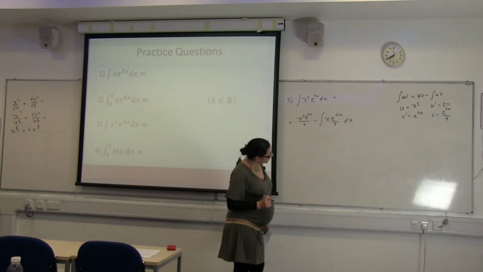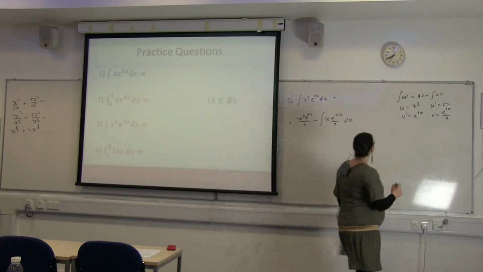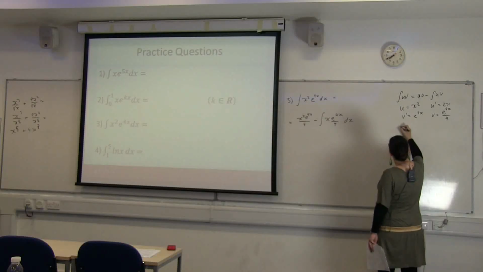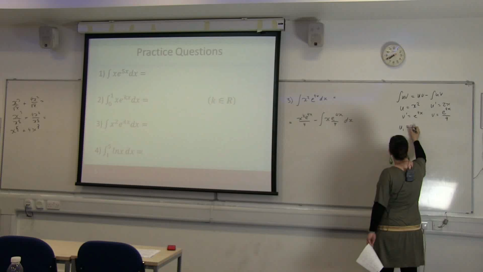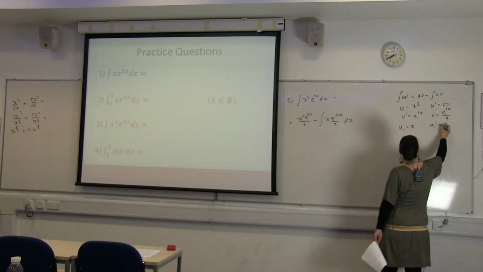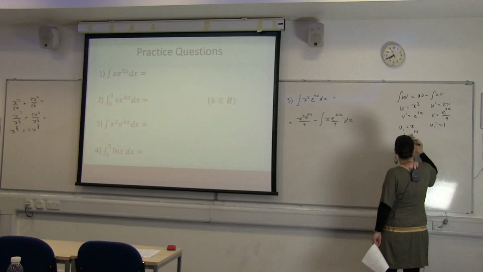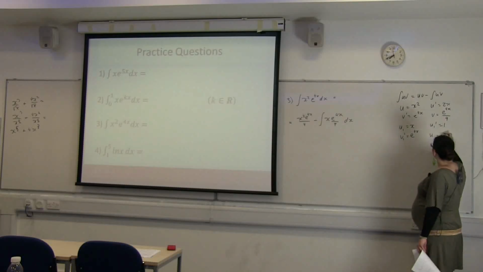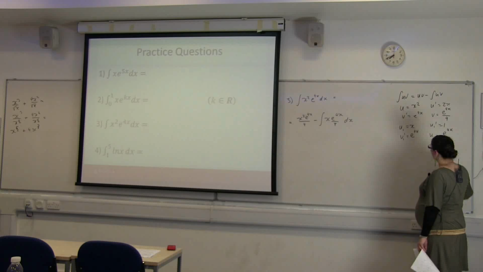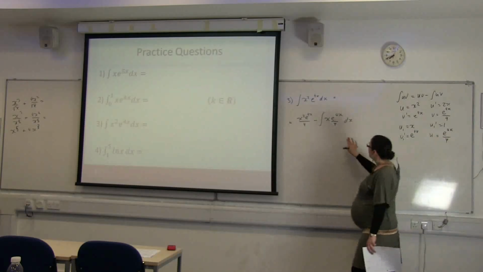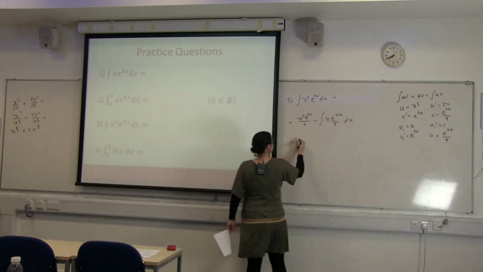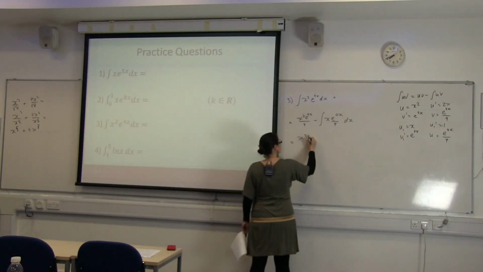So again, I'm going to do u1 being x, u1 prime being 1, v1 prime being again e to the 4x, and then v1 will be again e to the 4x over 4.